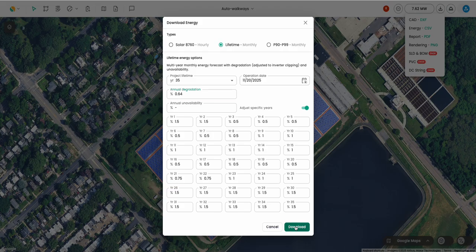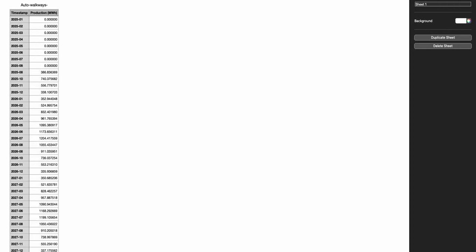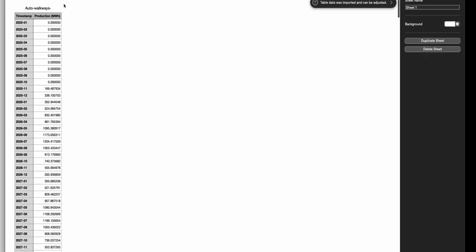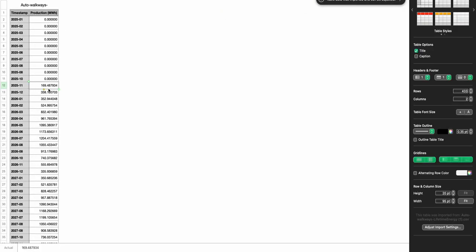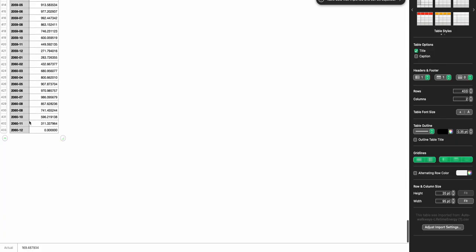So let's download this for a moment. And what you're going to see is that we generate a month-by-month value for you. Give me a second. That's the old one. And so it starts on the day that we PTO, and then it goes all the way for 35 years to the end of that project lifetime.